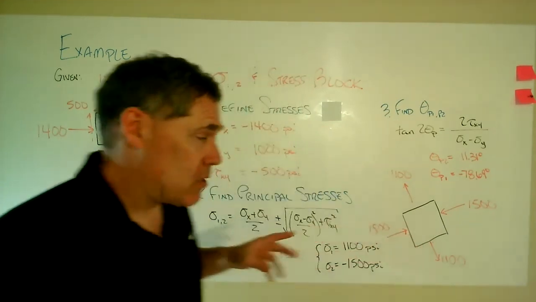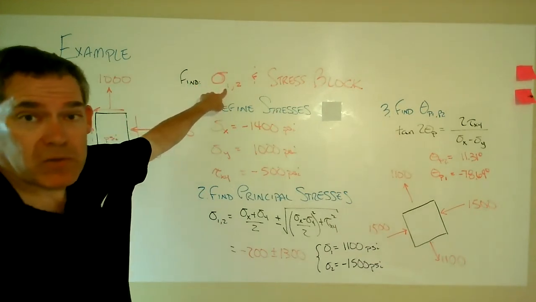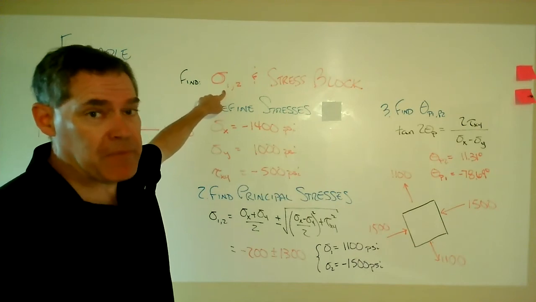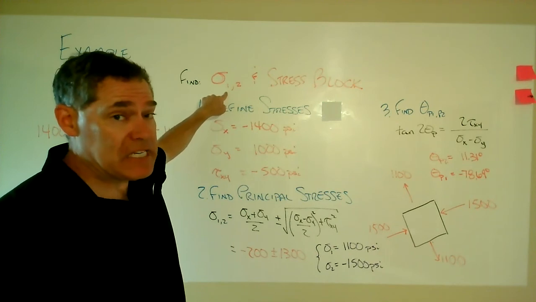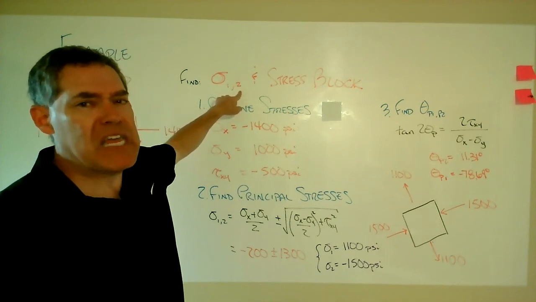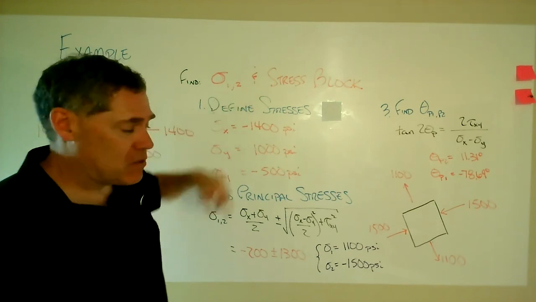Okay, so let's back up again. When you're finding these principal stresses, the largest one, or sigma 1, the most positive value, not the absolute value, but the most positive value, is what we by decree call sigma 1, and the most negative value, even though it might not actually be negative, will be the other one.